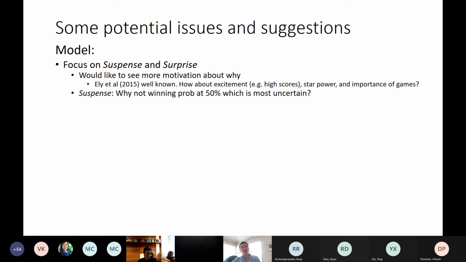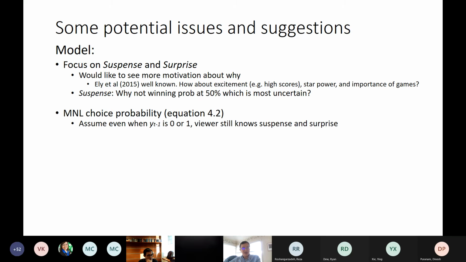If, as an audience of a sport game, I care more about which team will win at the end, then isn't a better measure of suspense that the winning probability of the home team is just at 50%, because this means I'm most uncertain about the final outcome? But it seems that your measure of suspense is from this minute to next minute, how things can change. Okay, so I think some justification about the suspense will work.